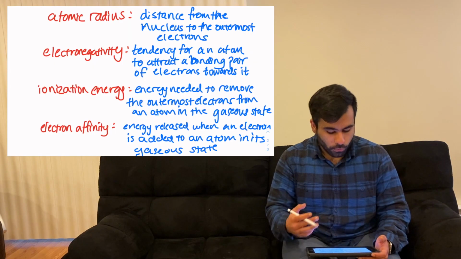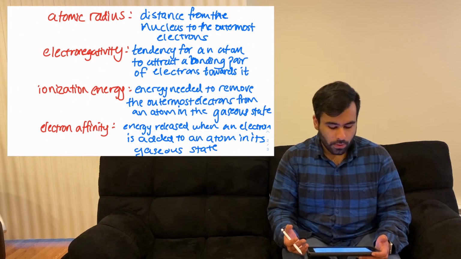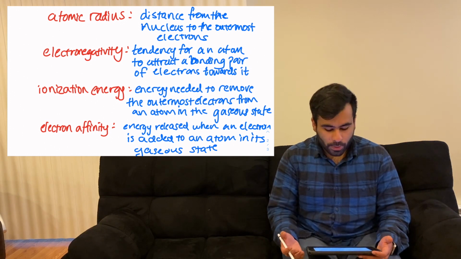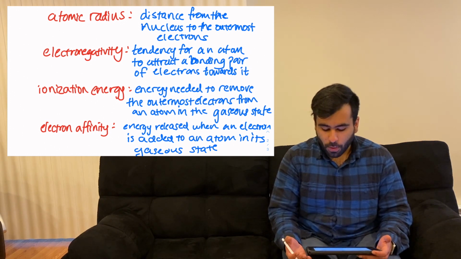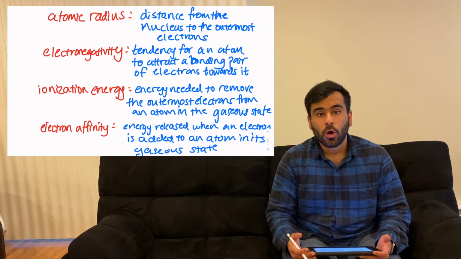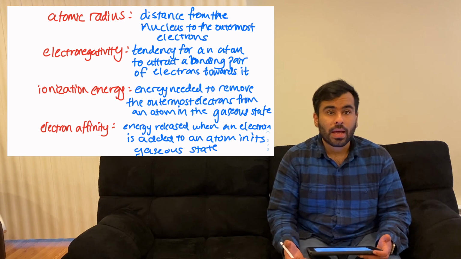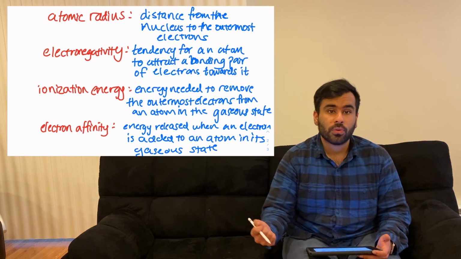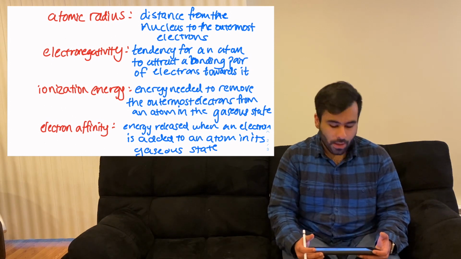So for the MCAT, there are really 4 major trends that you need to know about: atomic radius, electronegativity, ionization energy, and electron affinity. For atomic radii, it's the distance from the nucleus to the outermost electrons. As your effective nuclear charge increases, your atomic radii is going to decrease because you're pulling those electrons in your outermost shell closer towards the nucleus, really shrinking the size of your atom.